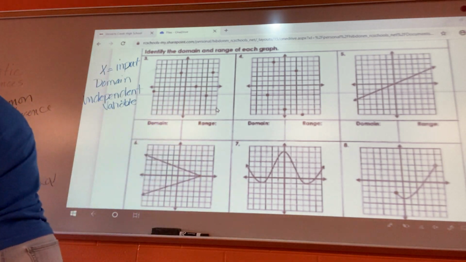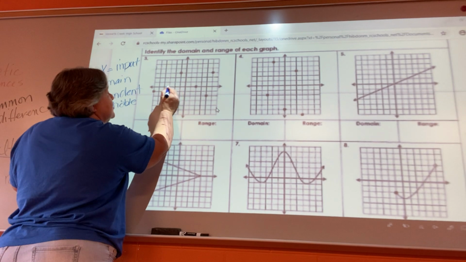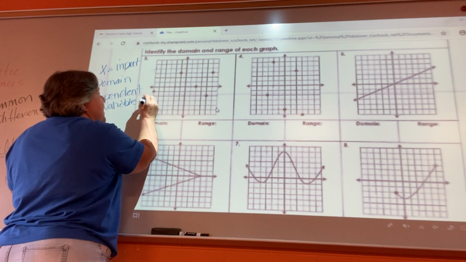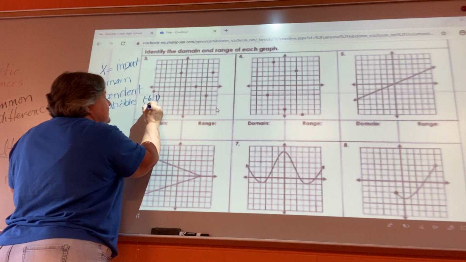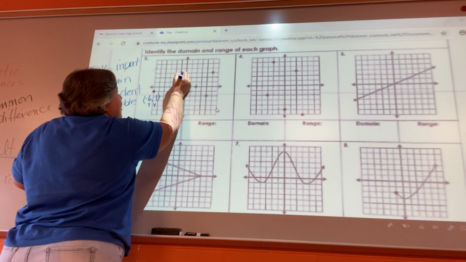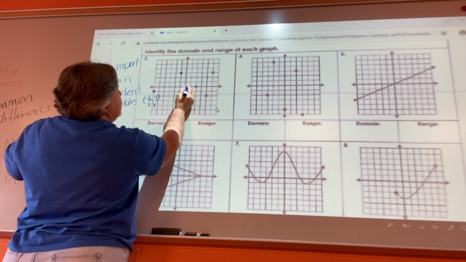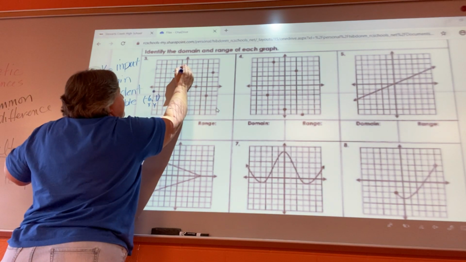So all we have to do first is identify what the points are. In this one, it's -6, -1. X, Y. That's this point right here. Then I've got this point right here, which is -1, 3.